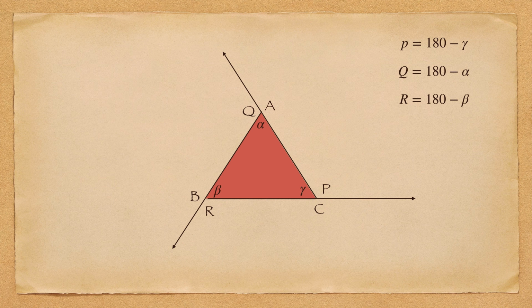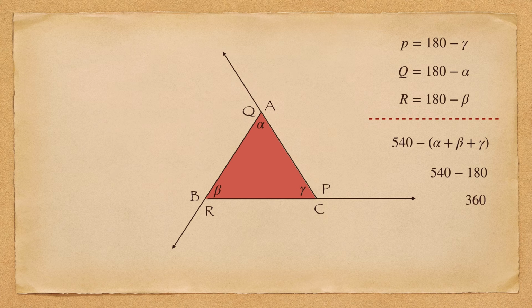Now if we add all the exterior angles, we will see that the three 180s add up to give us 540, and in the bracket we'll have alpha plus beta plus gamma. A little while ago, we learned that the sum of the interior angles of a triangle adds up to 180 degrees. So we can use it here: 540 minus 180 results in 360.